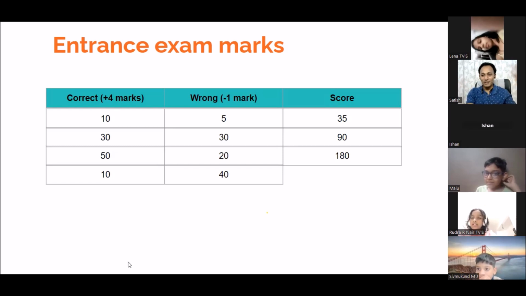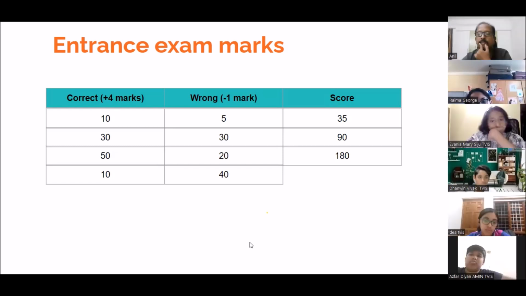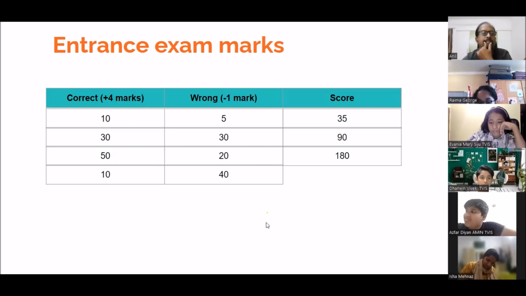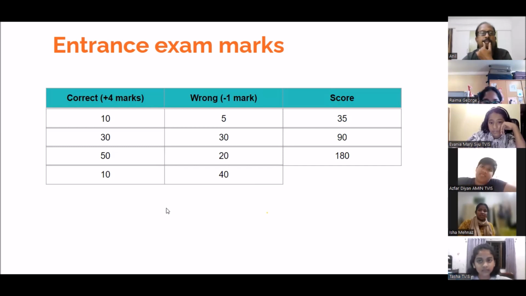Has anybody heard this? Any of your brothers, sisters, cousins, friends coming and telling you, oh, I got so many negative markings, so I lost marks? Did you hear this before? Yes, somewhere I heard. Sometimes somebody gets 10 questions correct, so he gets 40 marks, and then gets 50 questions wrong.